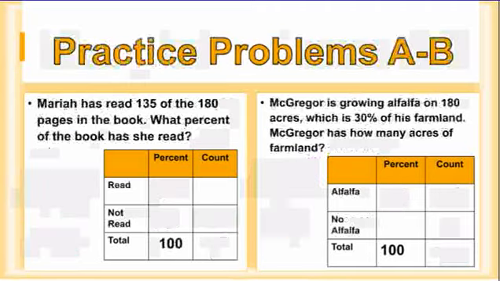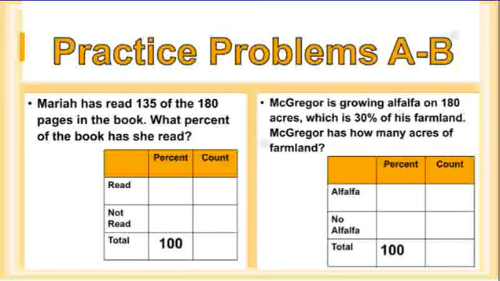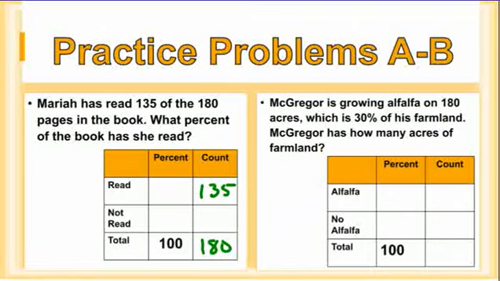Next example. Ryan has read 135 of the 180 pages in the book. What percent of the book has she read? So she read 135 out of the total of 180. We want to find out what percent of the book she read. So now we can set up our proportions. We have R over 100.